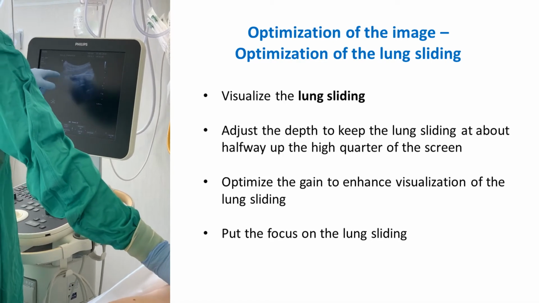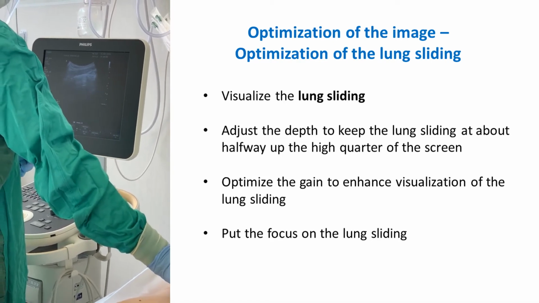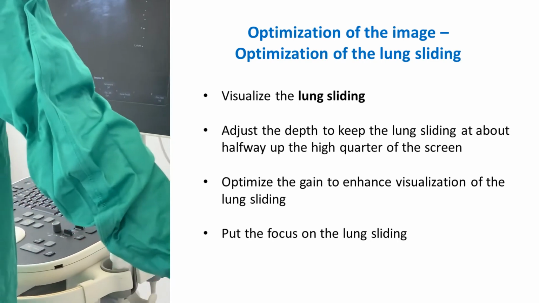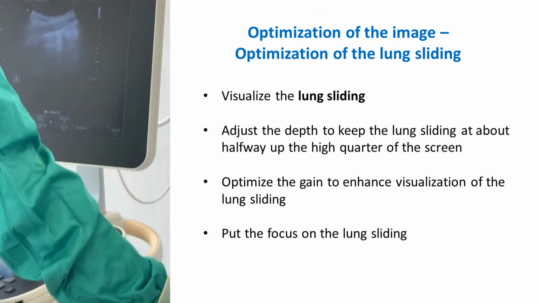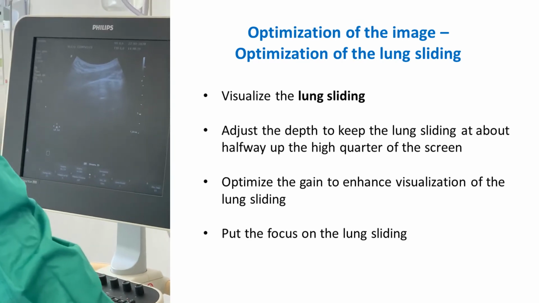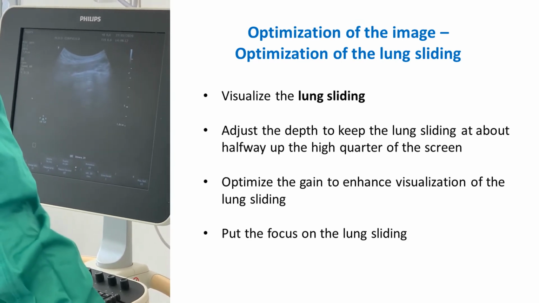We should optimize the gain, again, to better visualize the pleural line and the lung sliding. The depth should be adjusted in order to have the pleural line at about halfway up the highest quarter of the screen. If possible, the focus should be positioned at the level of the pleural line.